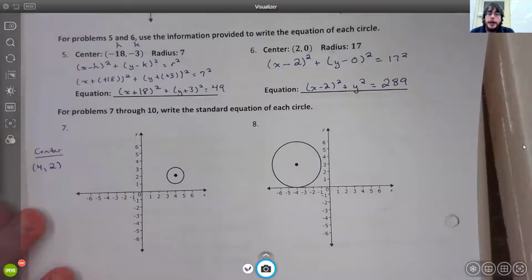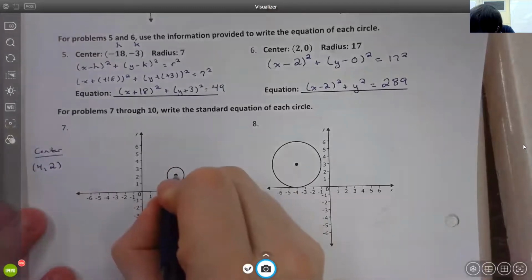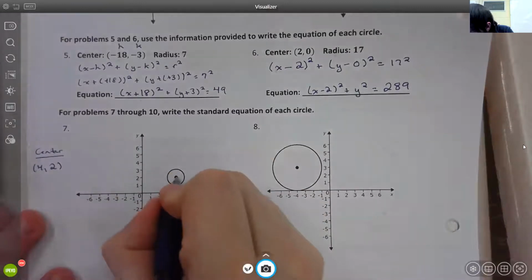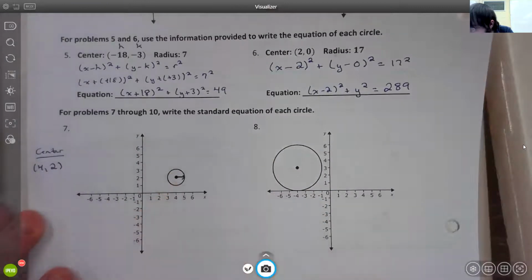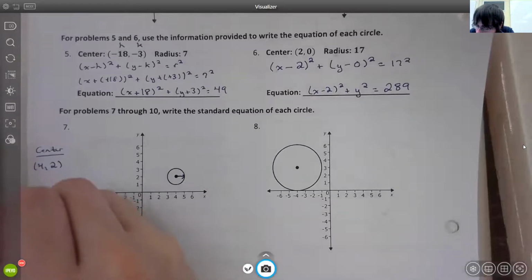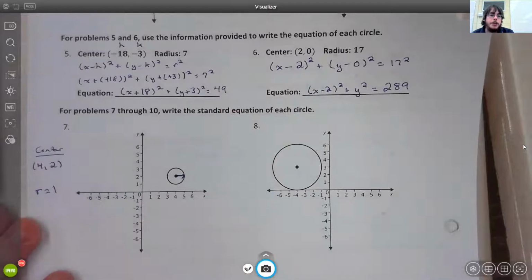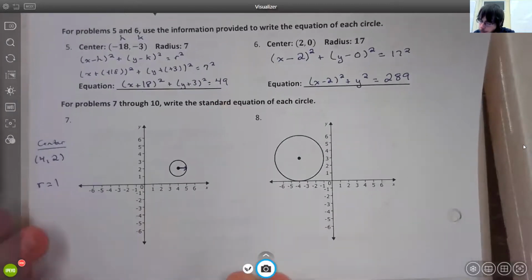Now to determine your radius from a graph, you start from the center and see how many units you need to go to get to the edge. And so if you look here, you end up having to go 1 unit, so your radius is equal to 1. Then, just like in numbers 5 and 6, you plug that in.